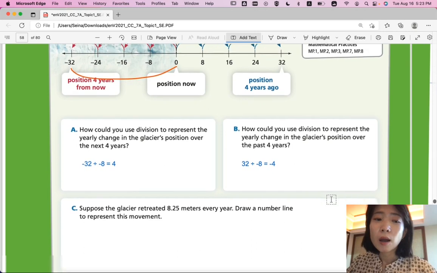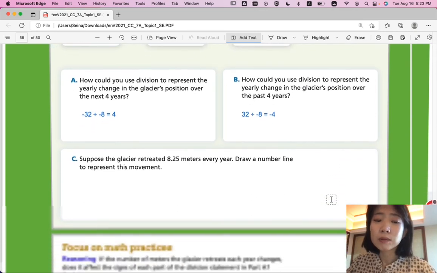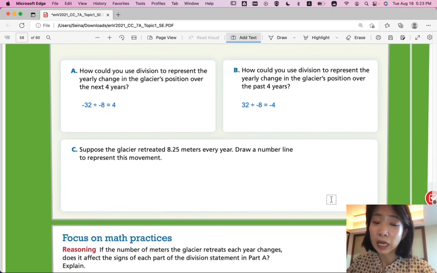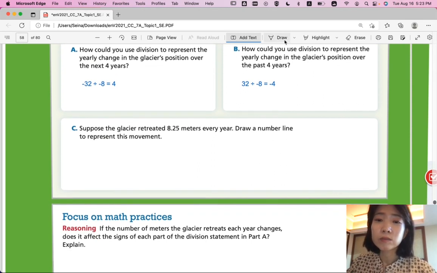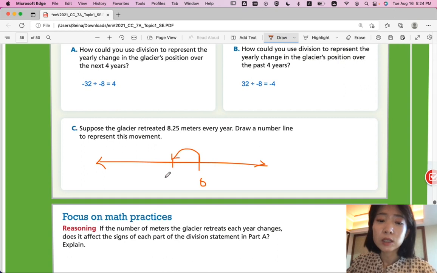Part C, suppose a glacier retreated 8.25 meters every year instead of 8. Draw a number line to represent this movement. Starting from 0, it's retreating 8.25 meters. So you get negative 8.25 on the first tick point.